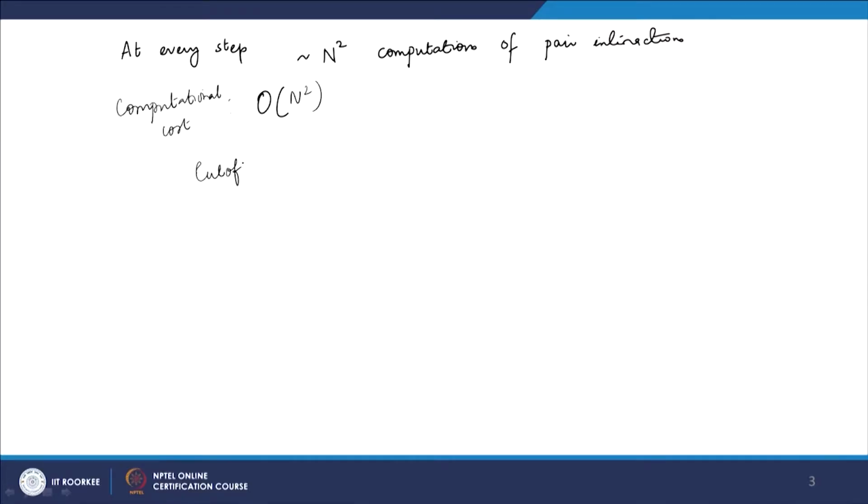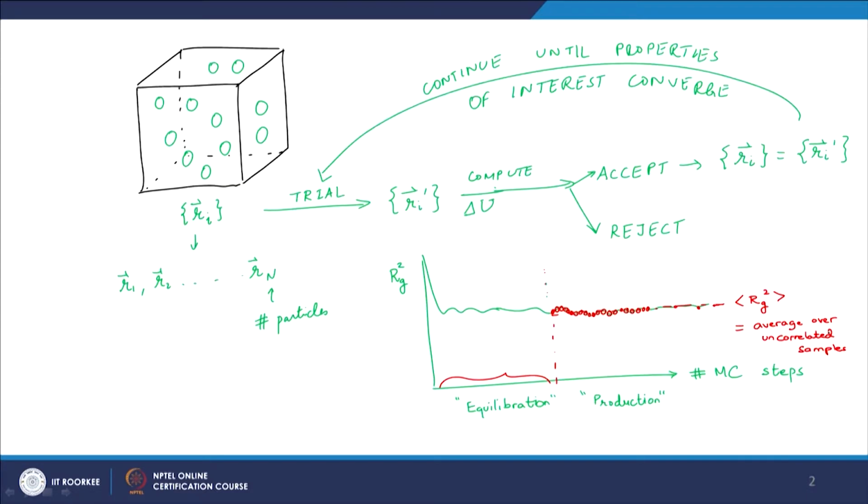Okay. So, there are some ways to reduce this computational cost, and one of the most common ways is using a cutoff scheme, which basically works like this. If I go back to my picture of the simulation box, I had particles positioned everywhere, and each particle is interacting with every other particle.